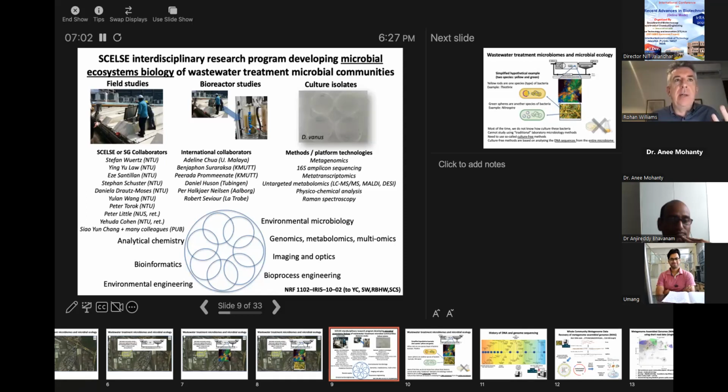And this is a very interdisciplinary activity. These are the kinds of expertise that are represented in this work: environmental engineering, Stefan Wirtz and Yingyu Law and Eze Santillan; sequencing and some bioinformatics, Stefan Schuster and Daniela; and then metabolomics, Yulan Wang; imaging, Peter Tarak; and then environmental microbiology and other areas.